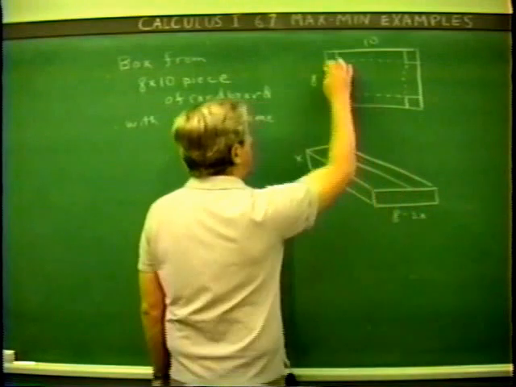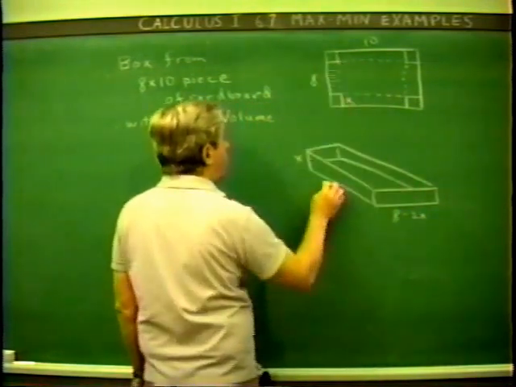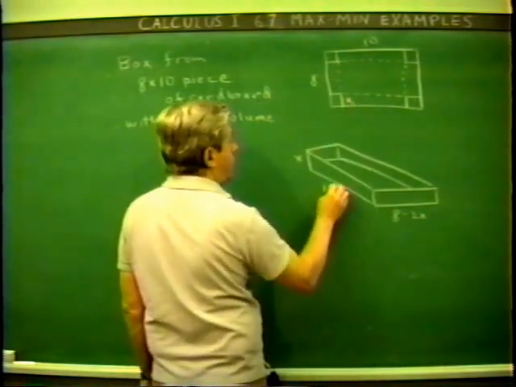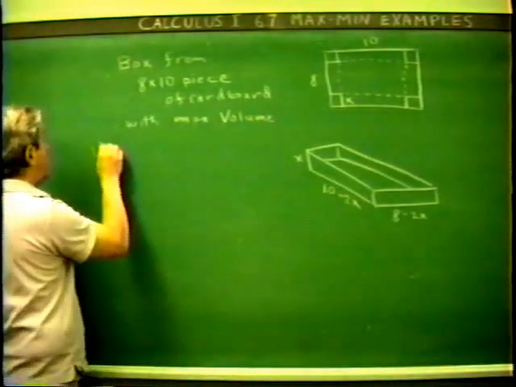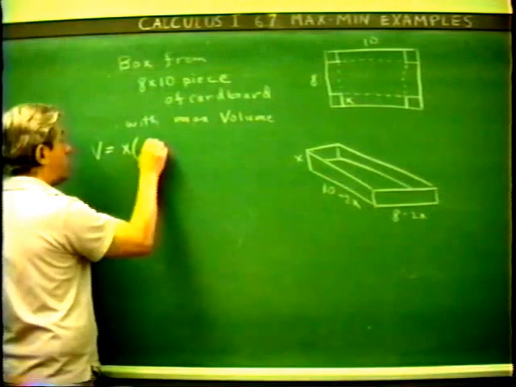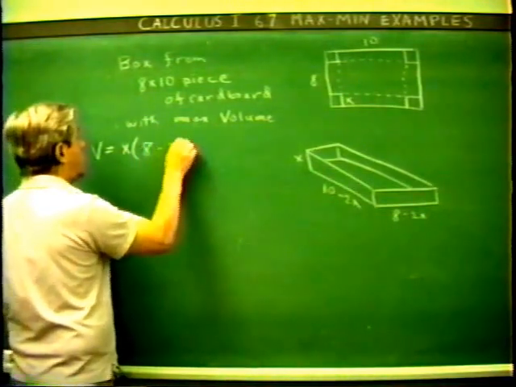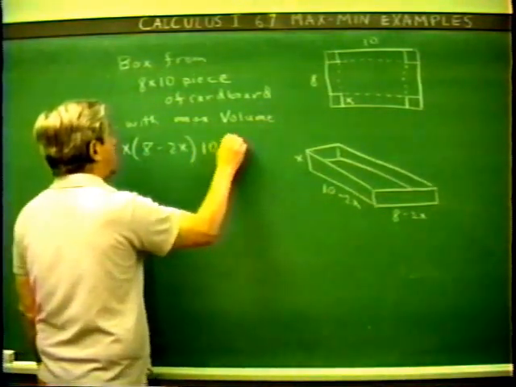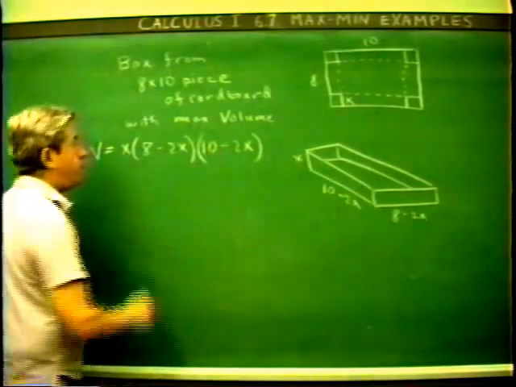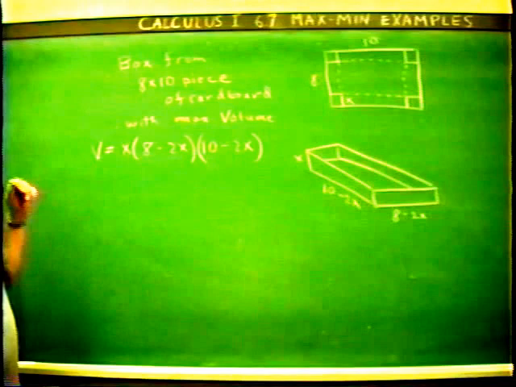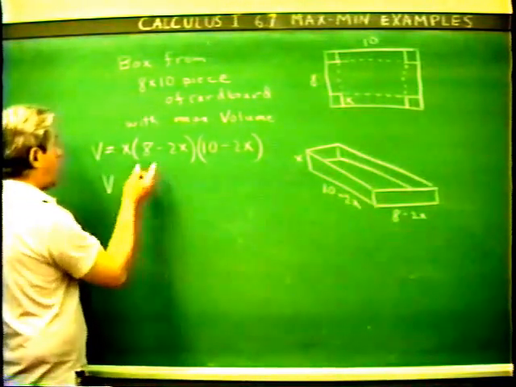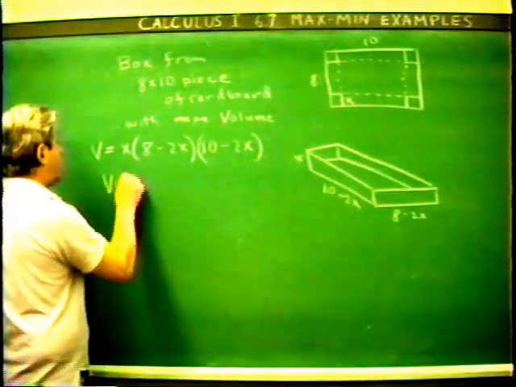Its narrowest side is going to be 8 minus 2x, 8 minus the 2x's that are cut out here. And its longest side is going to be 10 minus 2x. So the volume of this box is going to be equal to x times 8 minus 2x times 10 minus 2x. Right? So we already have this volume V, which is to be maximized as a function of one variable.